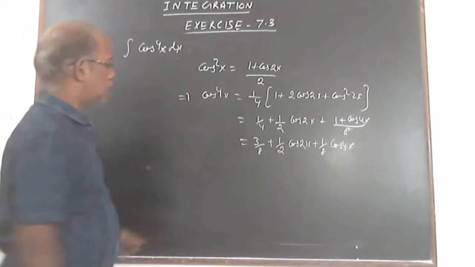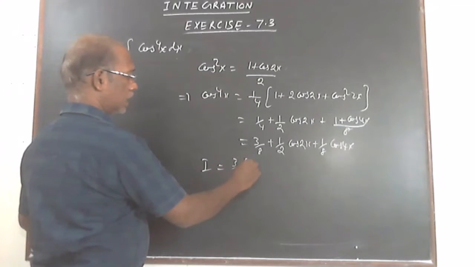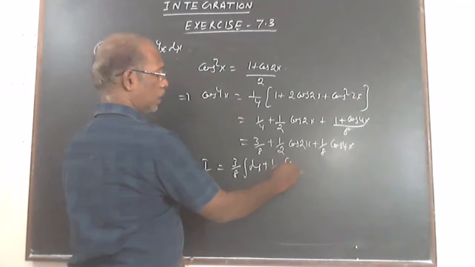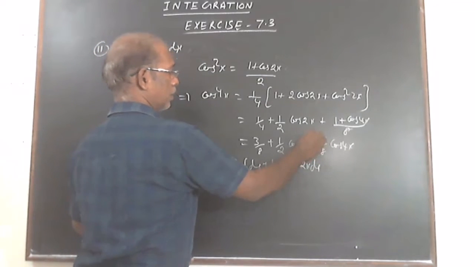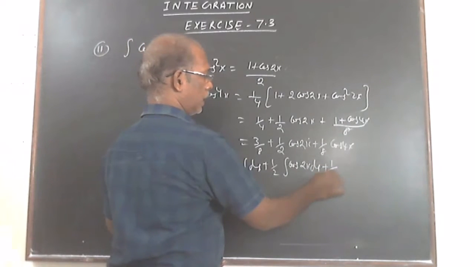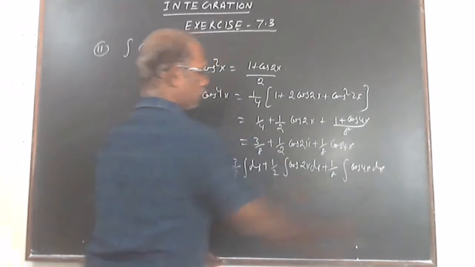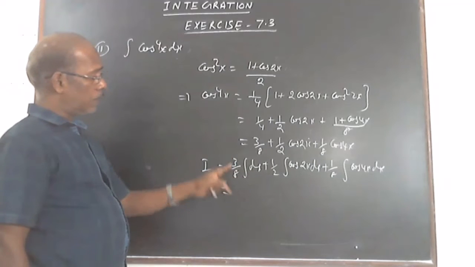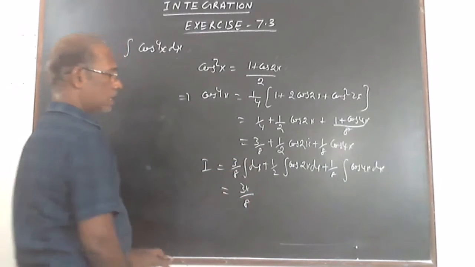Now we can integrate. I equals 3 by 8 integral of dx plus 1 by 2 integral of cos 2x dx plus 1 by 8 integral of cos 4x dx. The integral of dx in the first term gives 3x by 8.